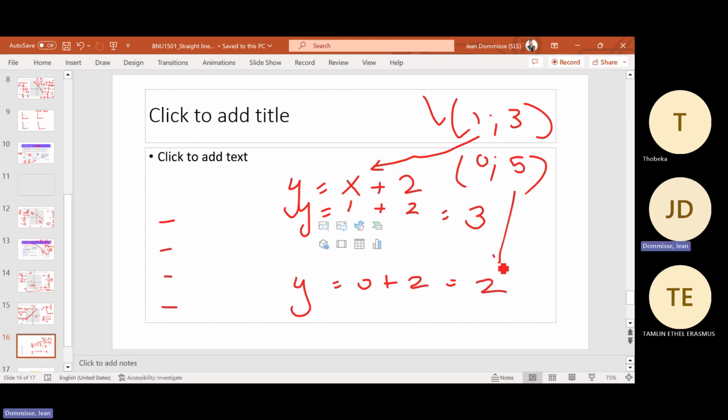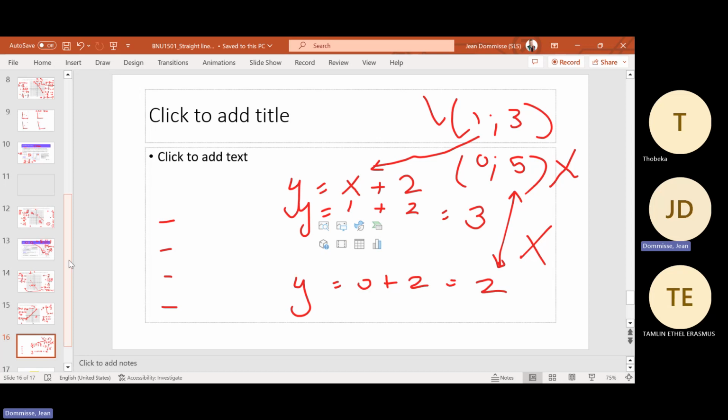It's not equal to 5. So that is not a point on your line. Okay, so that is how they can ask it in your assignments, and in your exam is just give you an equation, ask you if these points are on the equation.